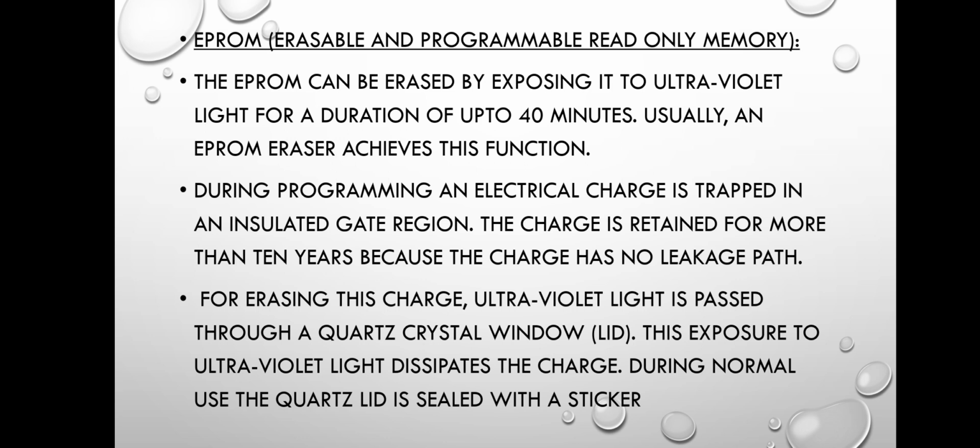The charge is retained for more than 10 years because the charge has no leakage path. For erasing the charge, ultraviolet light is passed through a quartz crystal window lid. This exposure to ultraviolet light dissipates the charge. During normal use, the quartz lid is sealed with a sticker.